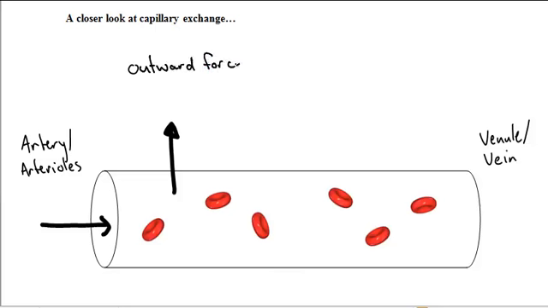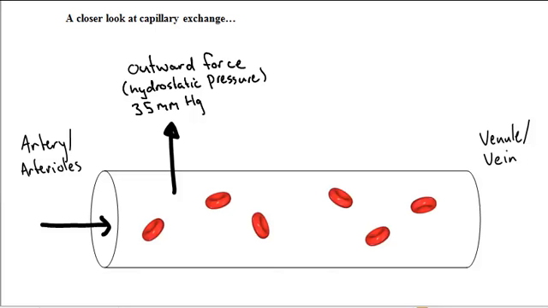And we measure pressure as millimeters of mercury. We call it the hydrostatic pressure. And at the beginning of most capillaries, that outward force is approximately 35 millimeters of mercury.